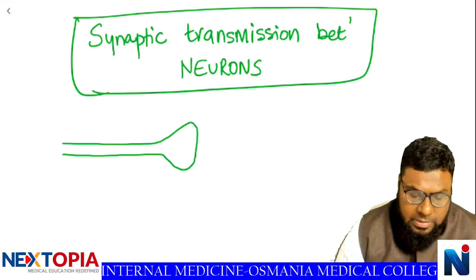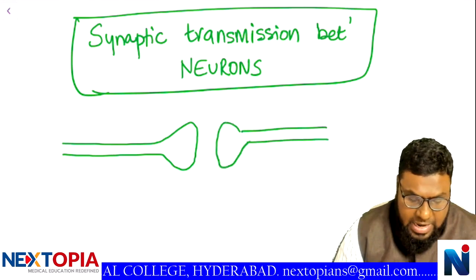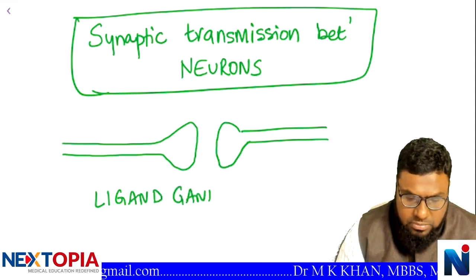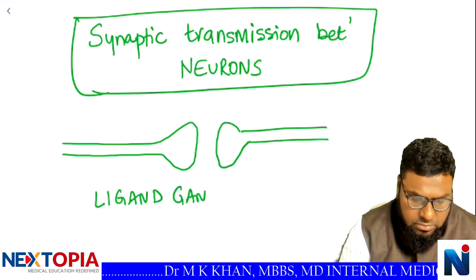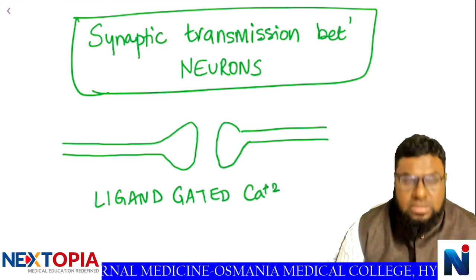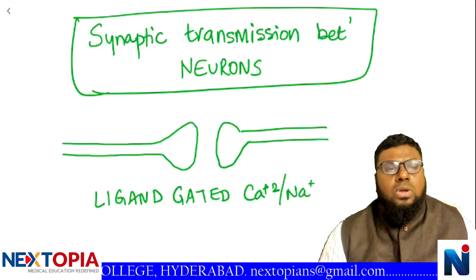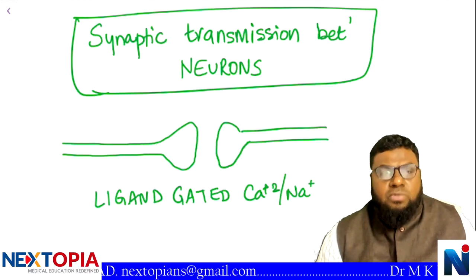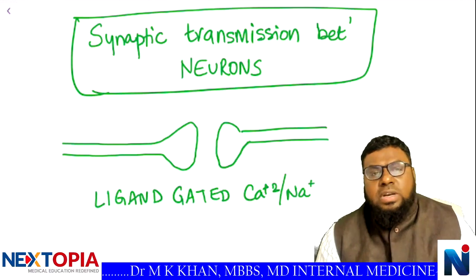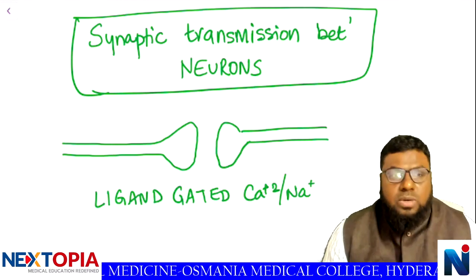Please remember that the synapse between two neurons is actually mediated by ligand gated calcium channels or sodium channels. All right. The current that is produced from one aspect of the axon travels across this axon, reaches the dendrite, and from there it reaches the cell membrane of the next neuron.